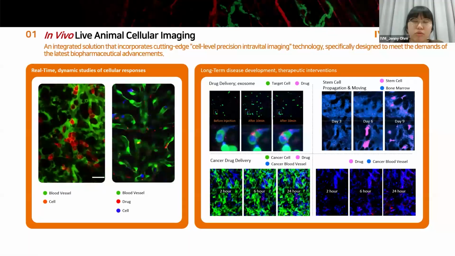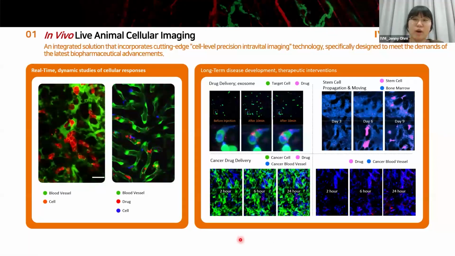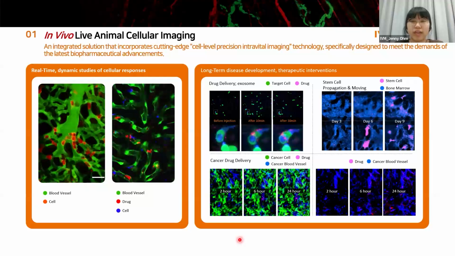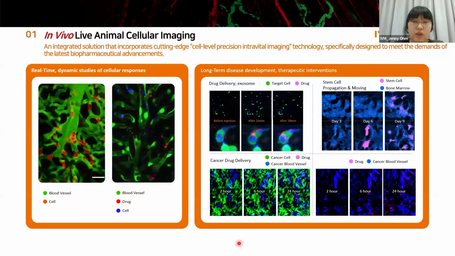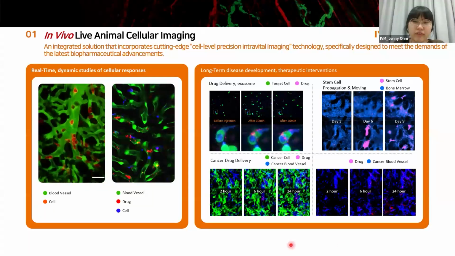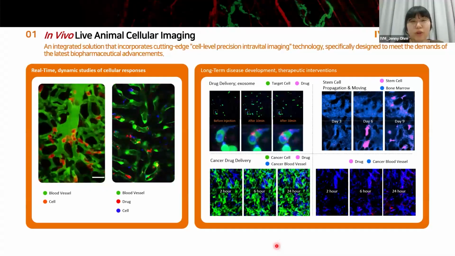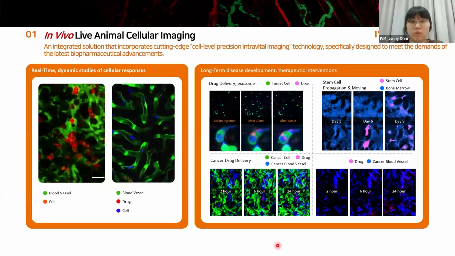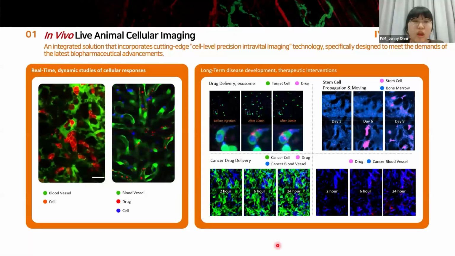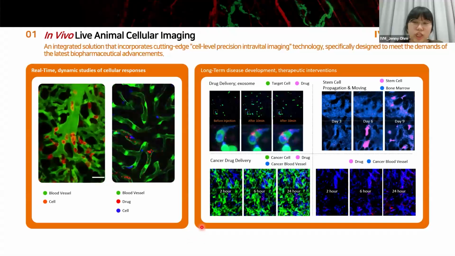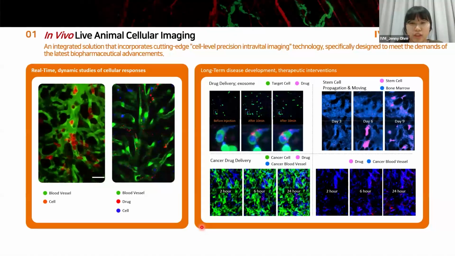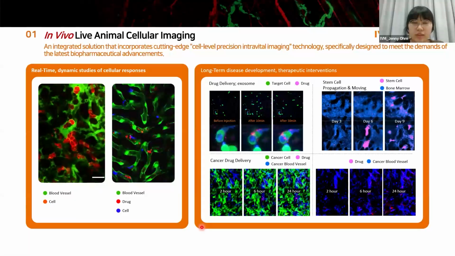This capability provides critical insights that help guide the development of effective therapeutic strategies. Furthermore, by using live animal models, researchers can track the pharmacokinetics and pharmacodynamics of drugs over time or in real time, which is a powerful advantage in preclinical development. These functions also support the generation of highly reliable data that meets the regulatory standards required for drug development.